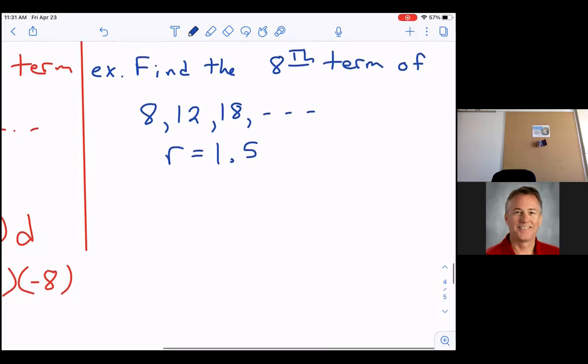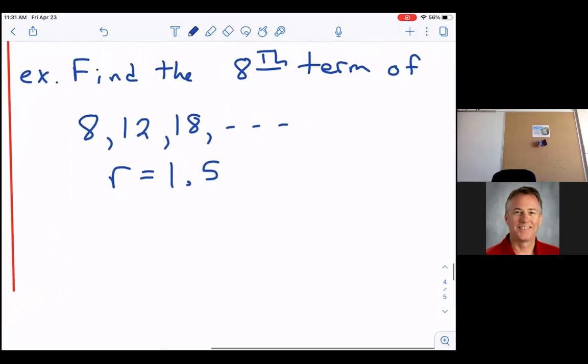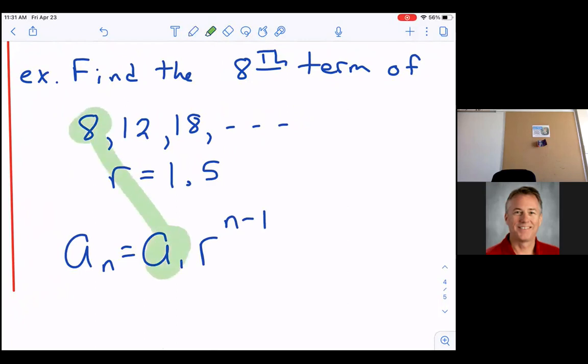So for a geometric sequence, we have the formula A sub n is equal to A sub 1 times R to the n minus 1. We need to just fill in the information that we're given. Remember, A sub 1 always means the first term. That's going to be 8.